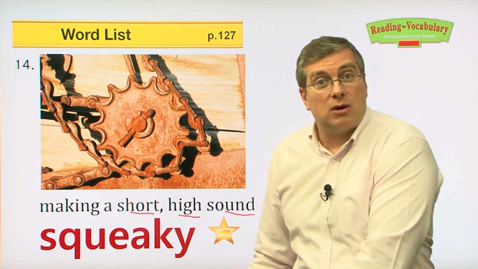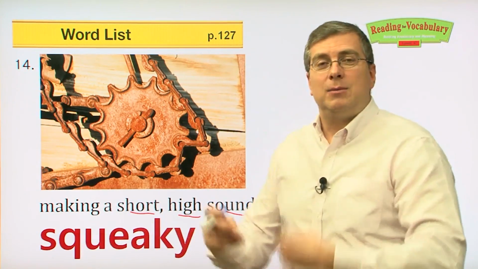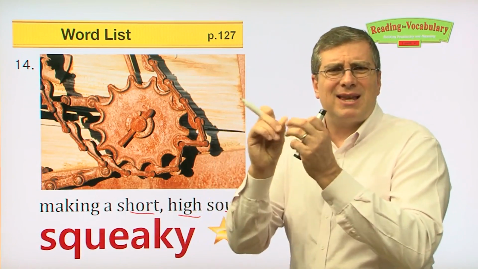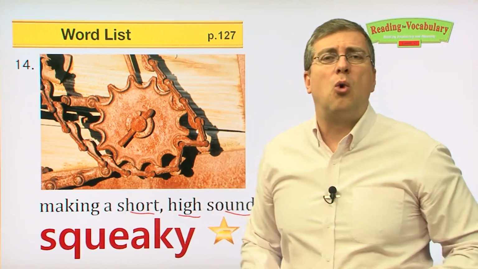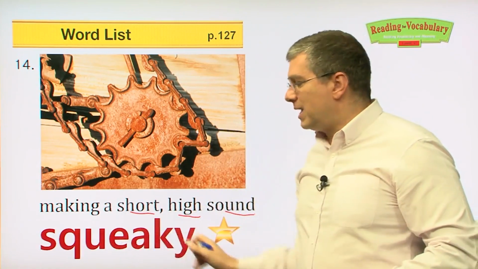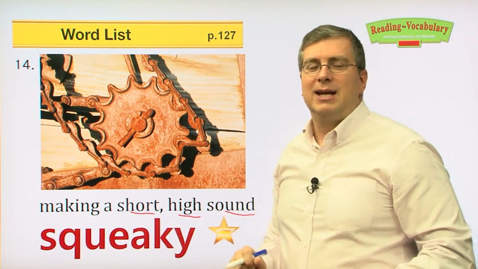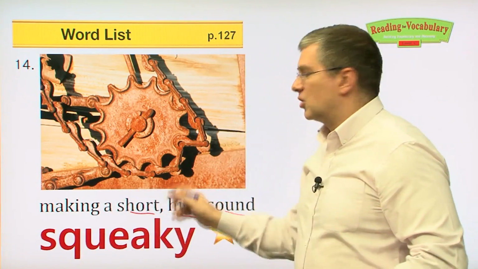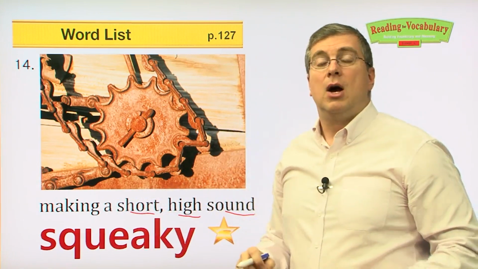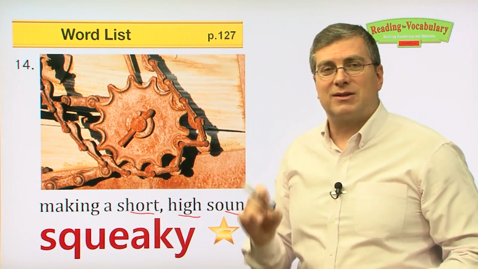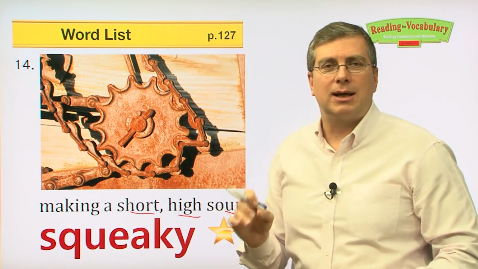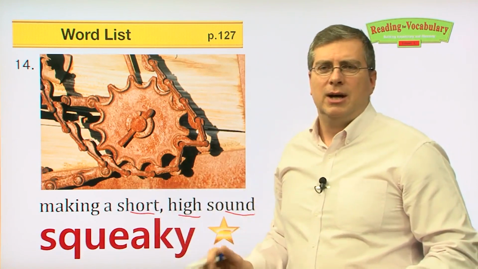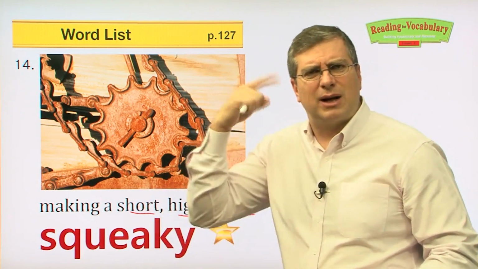My bicycle is squeaky. It means the metal is moving and making that noise because there's no oil there. So if it's squeaky, put some oil there, okay? Squeaky is a short, high sound. Also mice, you can hear the mice squeaking also. But don't put oil on the mice, that's crazy, right?